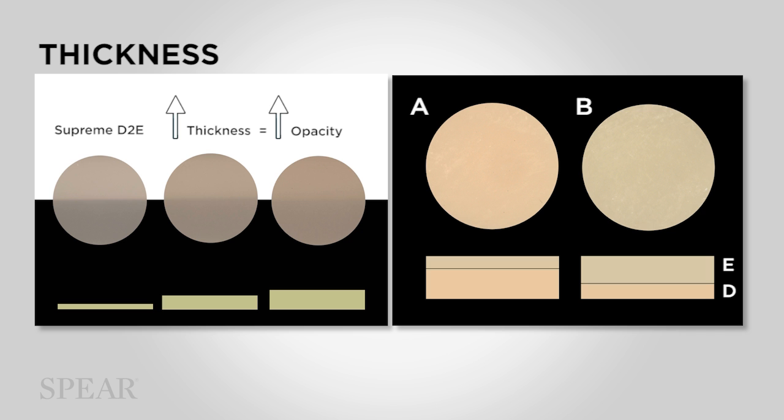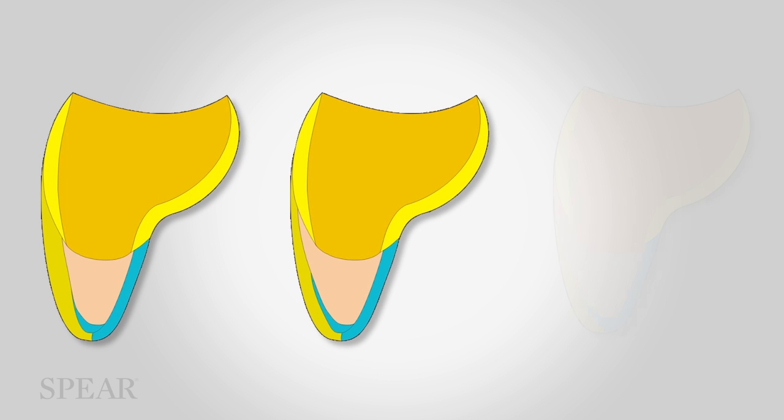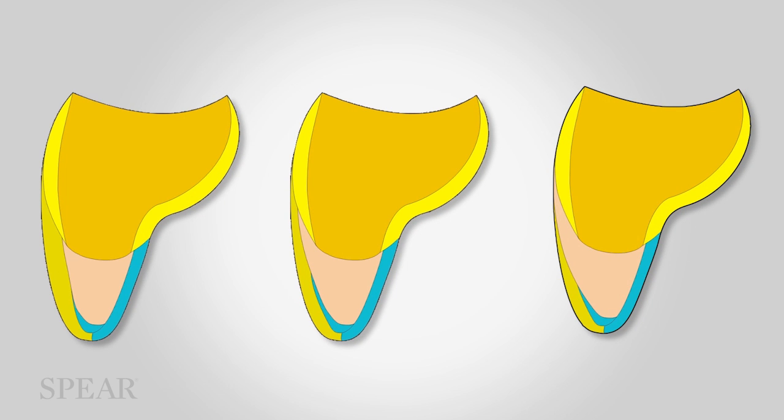So for a long time, we know that the thickness of our layer is very, very important. Even though you might use the same dentin and the same enamel, if you change the thickness of your enamel, it will change the final appearance, color, and translucency of your restoration.